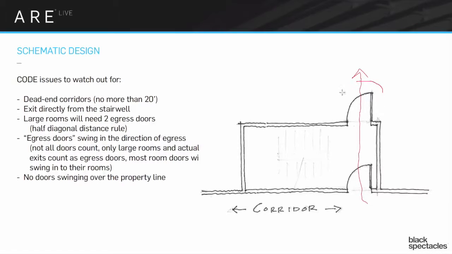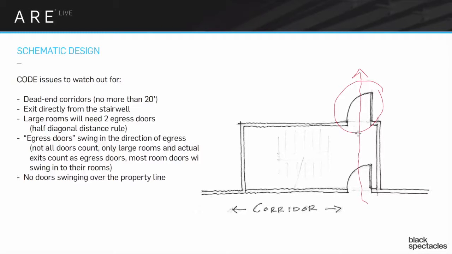That means that door wants to be on the outside. Not internal, like you're not exiting into the corridor to go into the lobby to go outside. They want you to be able to exit straight to the outside from that stairwell. So that has implications for where you can put the stairs. That's an important thing to remember.